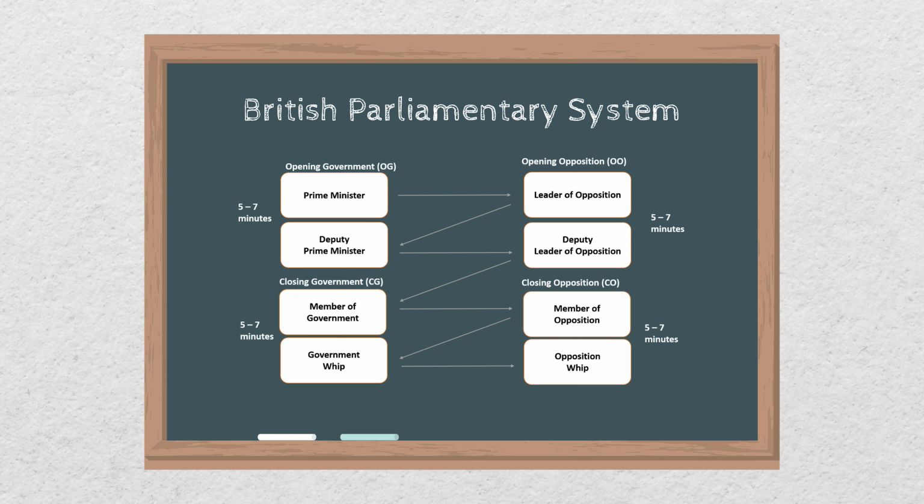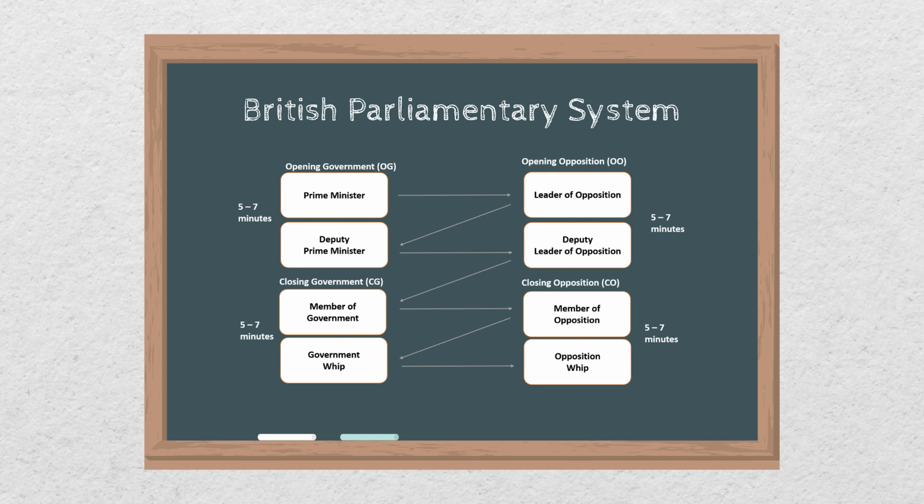So we call them the opening government, opening opposition, closing government, and closing opposition. In this context, you are required to speak for about 7 minutes at maximum. And for our practice, I think 5 minutes is already sufficient.